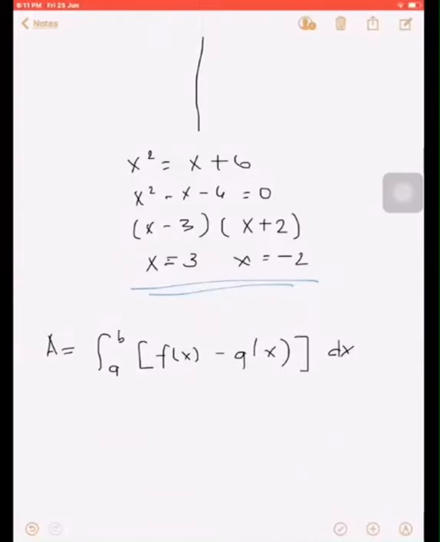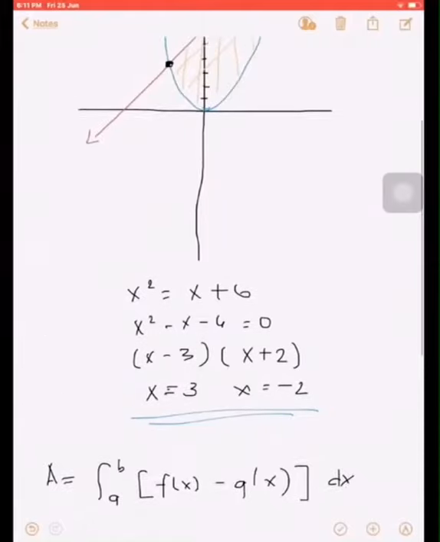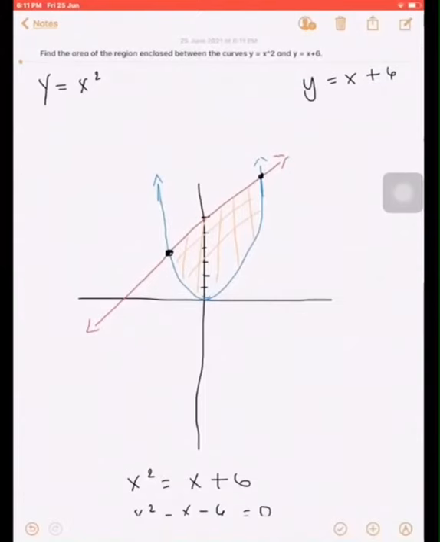So in this formula, what will be the value of f of x? Let's return to the graph. Like I said before, f of x is the upper function. So which one is the upper function?